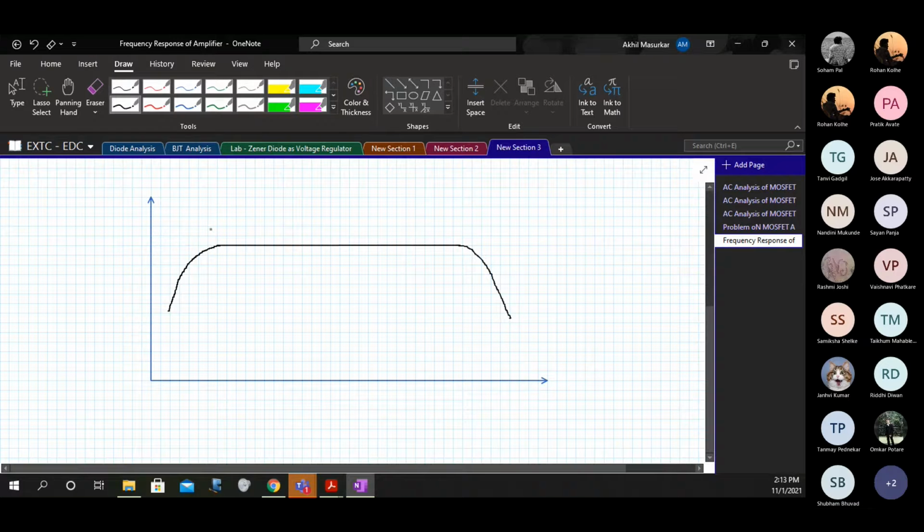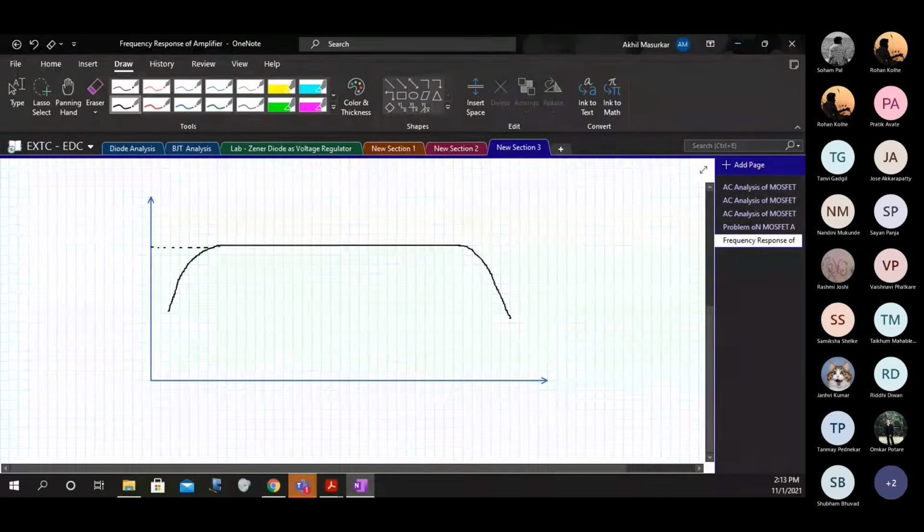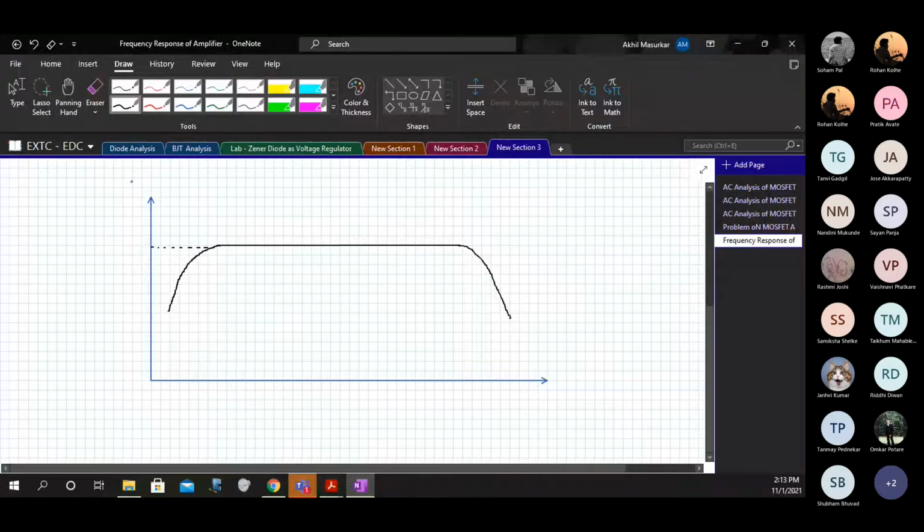Now what you can observe is this is the max gain. What is on this axis is voltage gain, and what is on this axis is frequency.